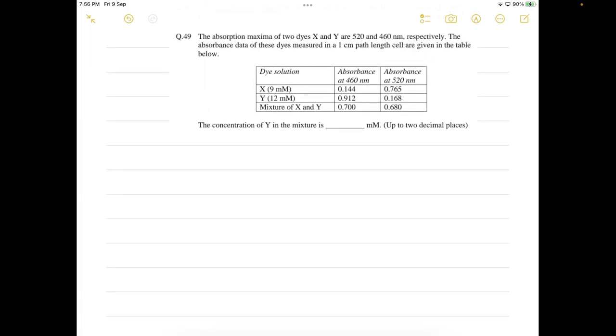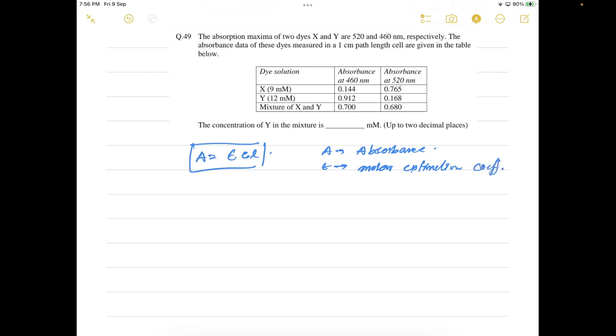So we know the absorption relationship here: A equal to epsilon C l, where A is the absorbance, epsilon is the molar extinction coefficient, C is the concentration of our solution, here millimole per liter, and l is the path length of light traveled.